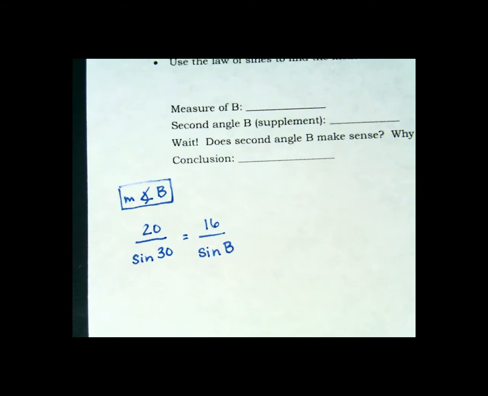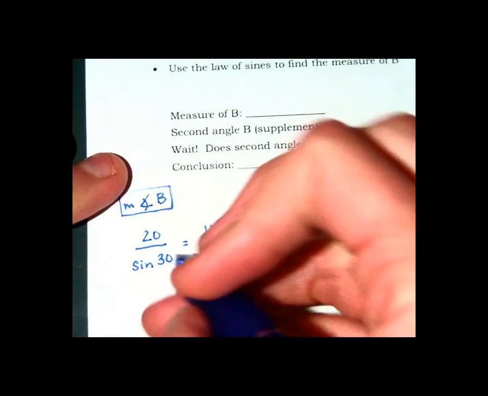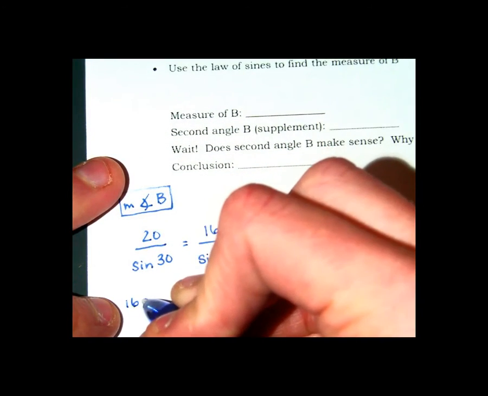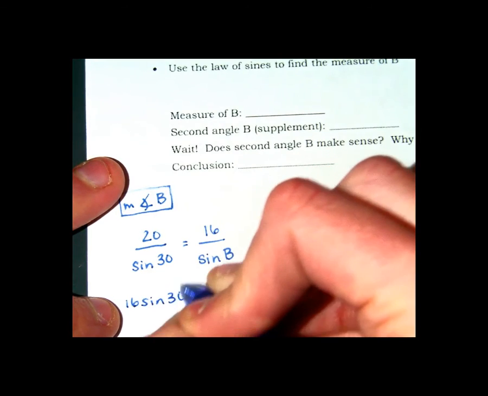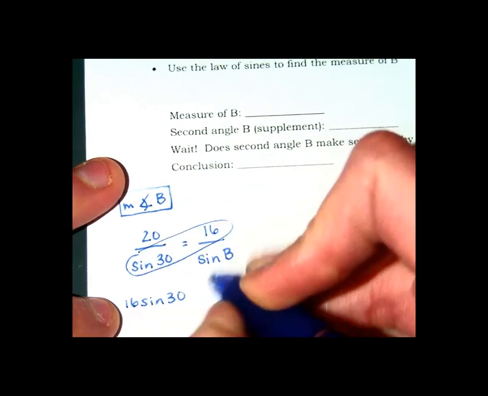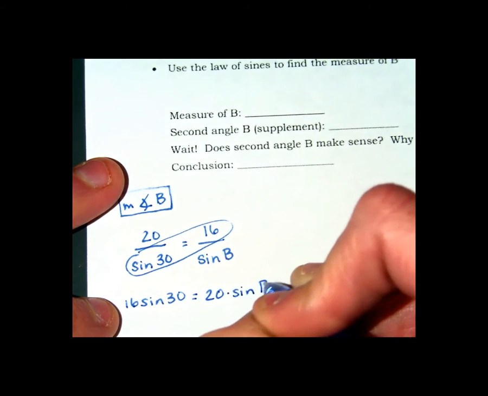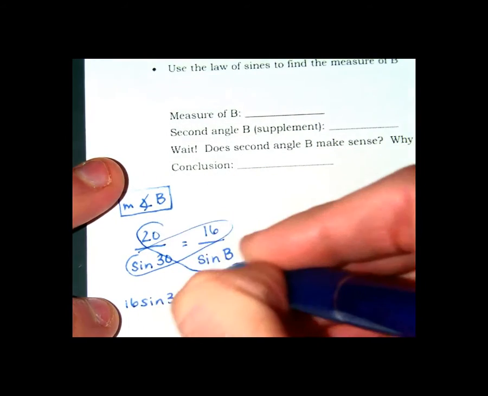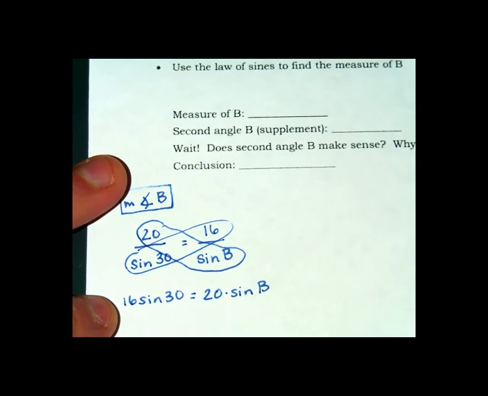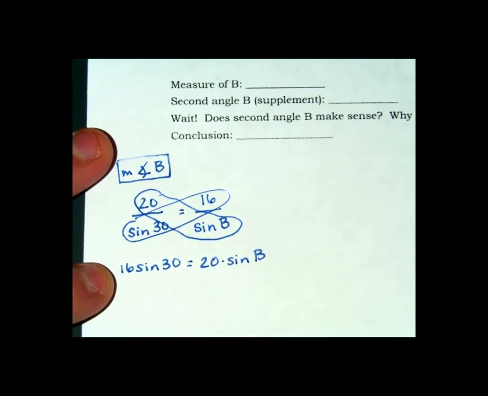We are still going to cross multiply. We're going to have 16 sine of 30 equals 20 times sine of B. Again, it's not different yet. How do I get everything away from sine of B? Divide by 20.